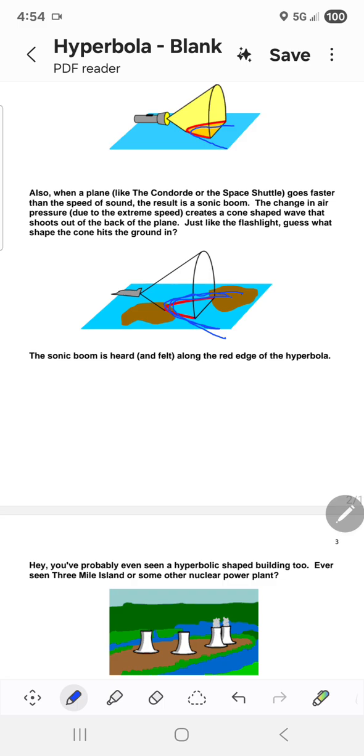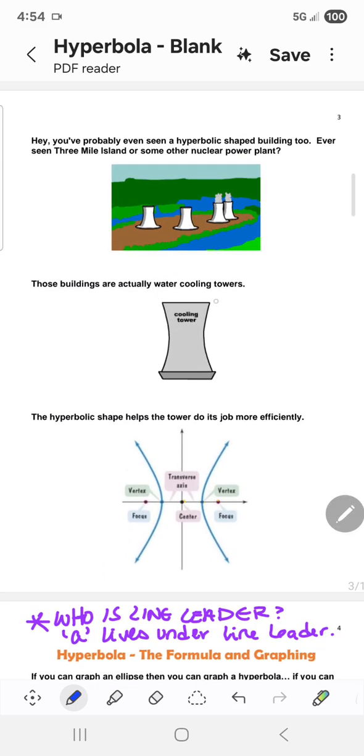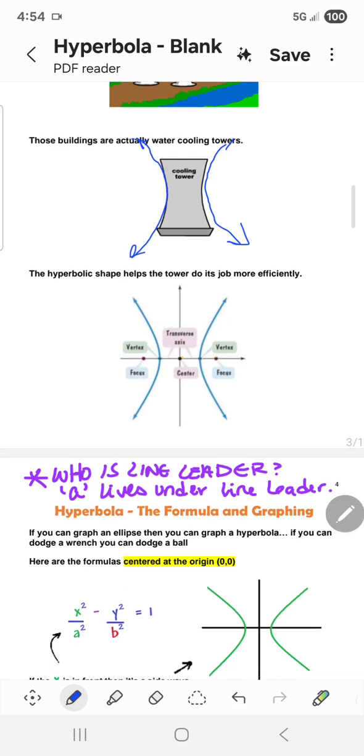It can be heard and felt. Cooling towers from nuclear plants also have that same shape, looking at the outside of those cooling towers. This shape actually helps it to do its job more effectively.